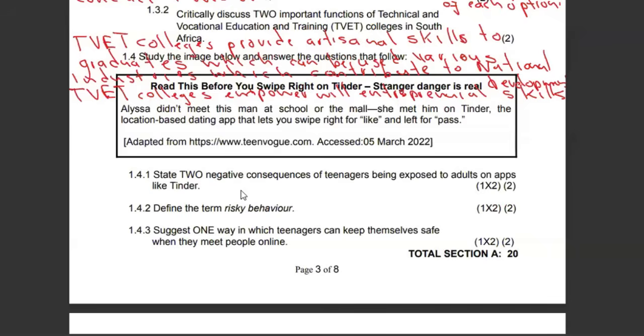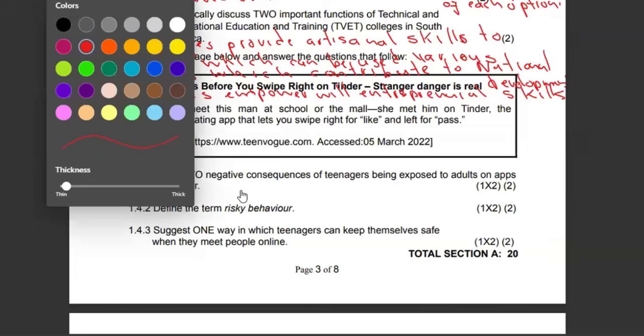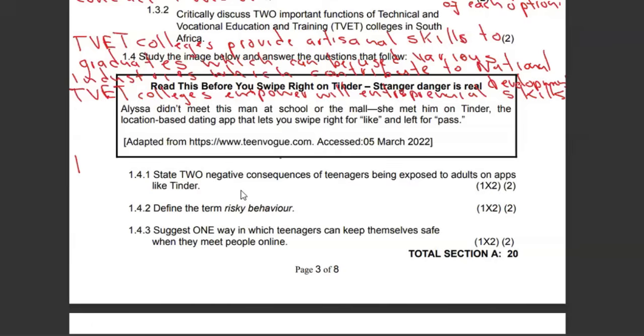So these are negative consequences because being exposed to adults results in the risk of online predation.